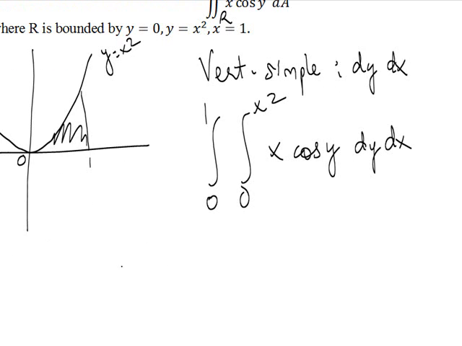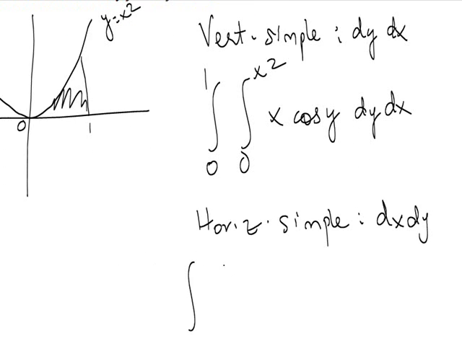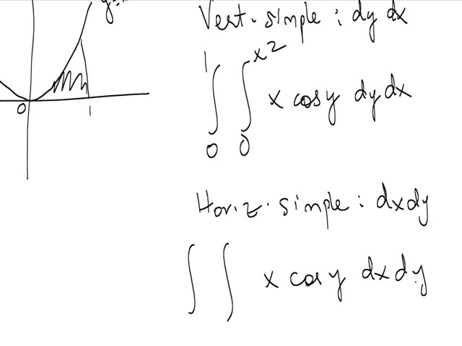Horizontally simple now. You want it to be dx dy. So y goes from 0 to 1. Now, the x limits, you go from left to right.